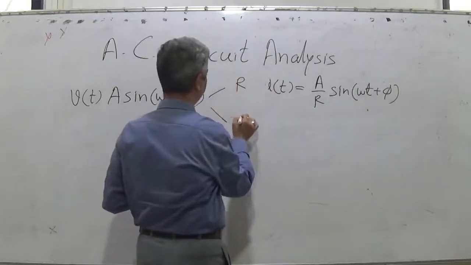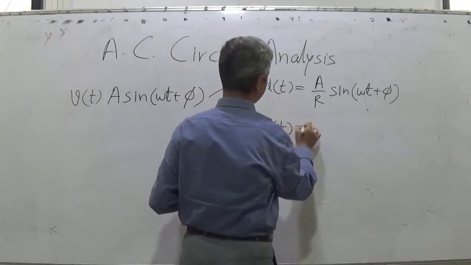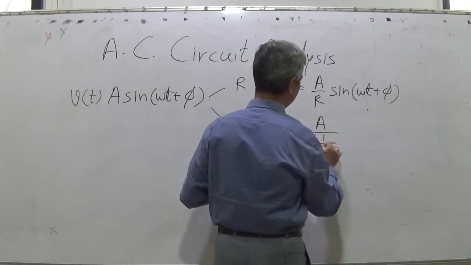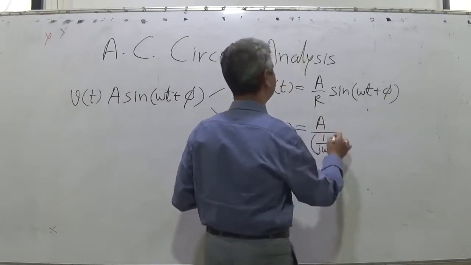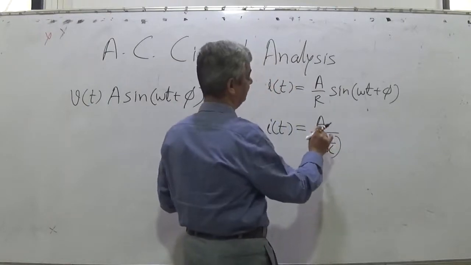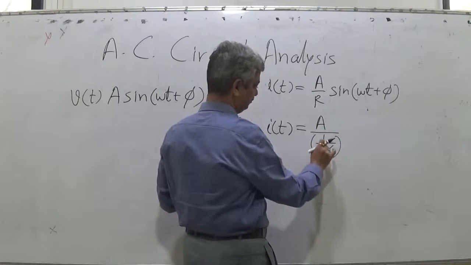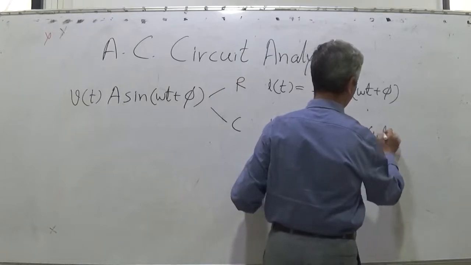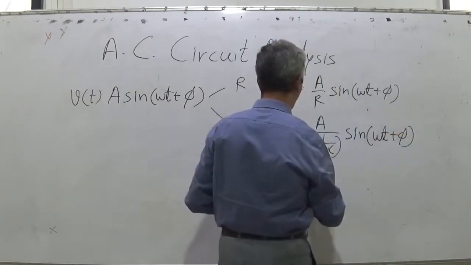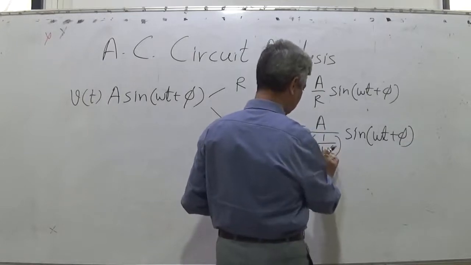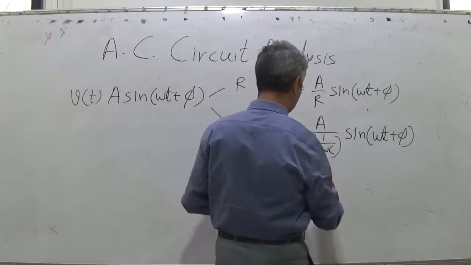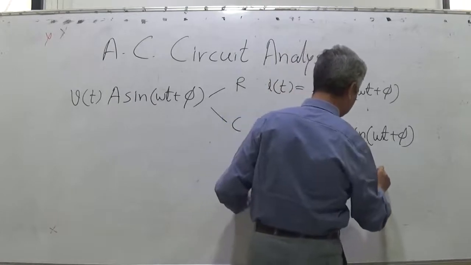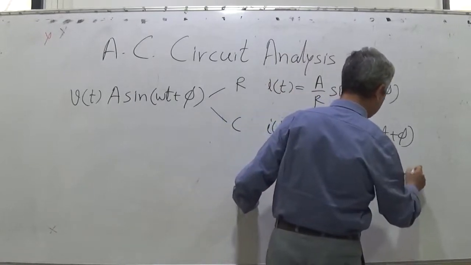For capacitor C, It is equal to A upon 1 upon j omega C, or we can multiply by minus j upon omega C. So this is A upon j omega C sine of omega t plus phi, or when I take this in the numerator, it is A omega C j sine of omega t plus phi.